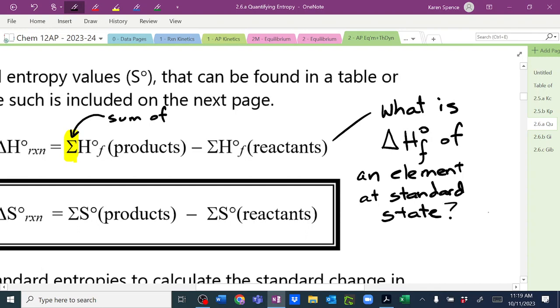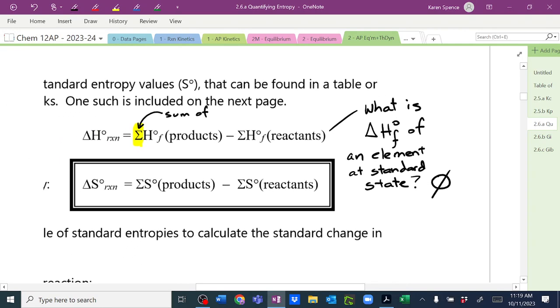Zero, okay? This is not true of entropy.